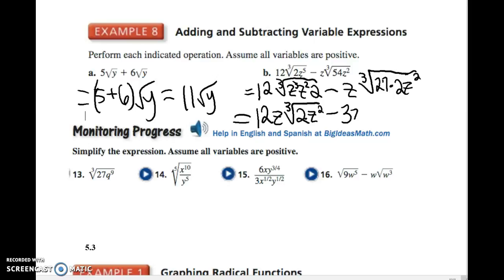Yeah, 3z times the cube root of 2z squared. Now we can see we have the cube root of 2z squared for both. So just take 12z minus 3z, which is 9z, and then multiply that by the cube root of 2z squared, and that is our final answer.